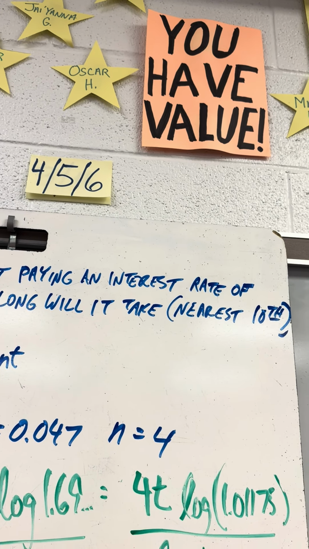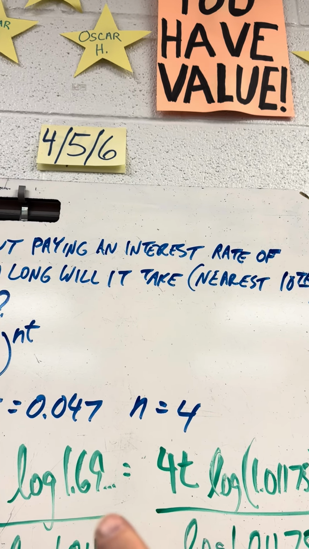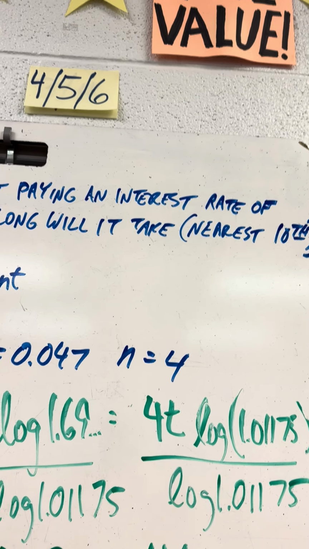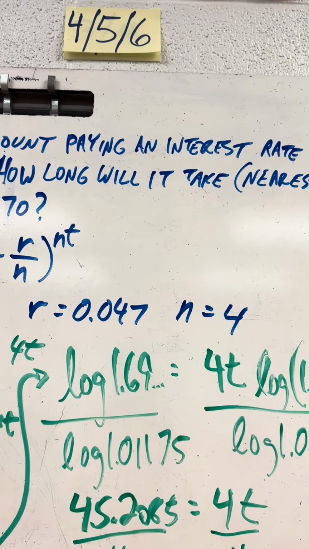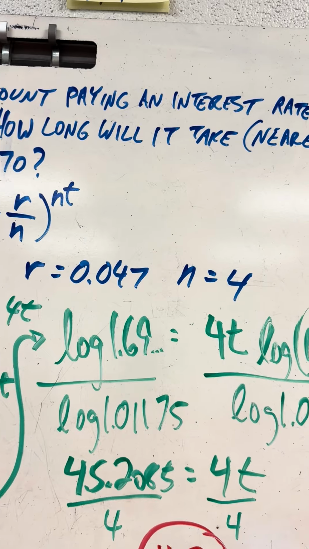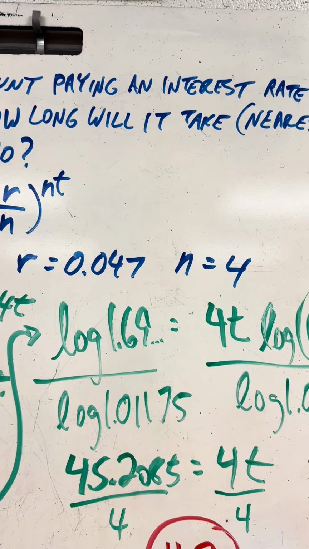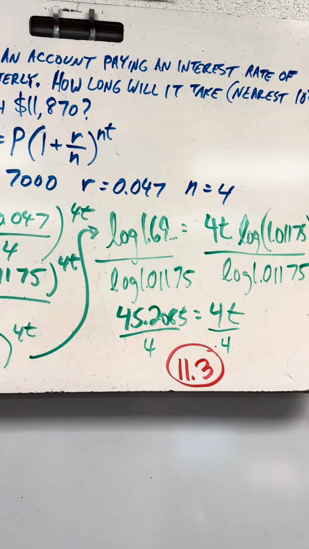So now I divide this log 1.69 by the log 1.01175. And I get 45.2085 equals 4t. I divide by 4, and to the nearest tenth, I get 11.3.